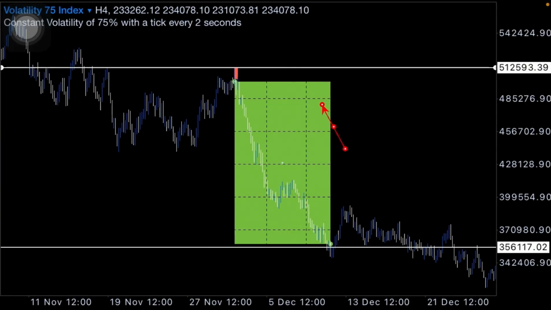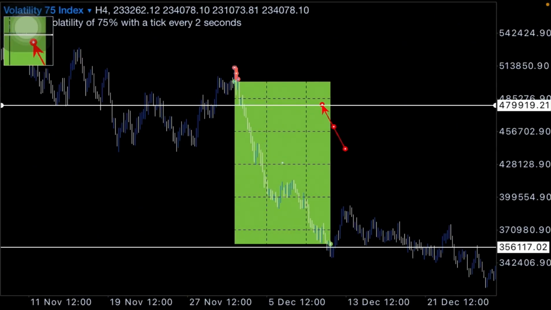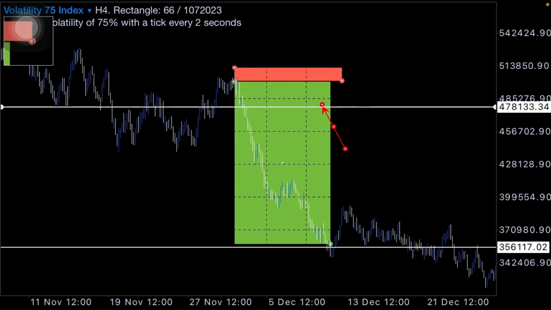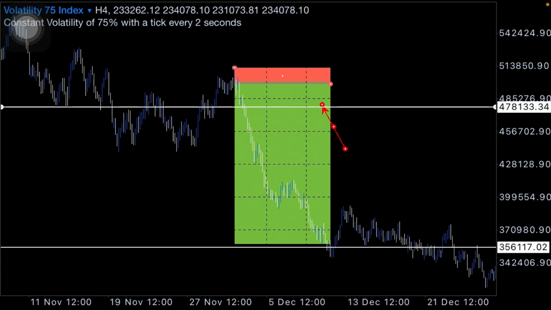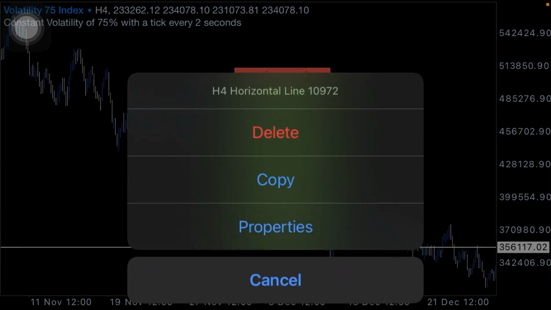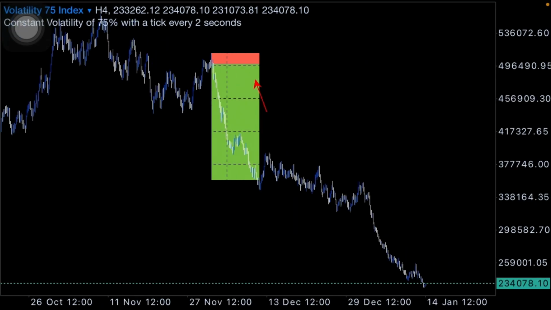So this is how it could have been for you. You can see an insane risk to reward ratio. Right now, let me proceed to show you another example.